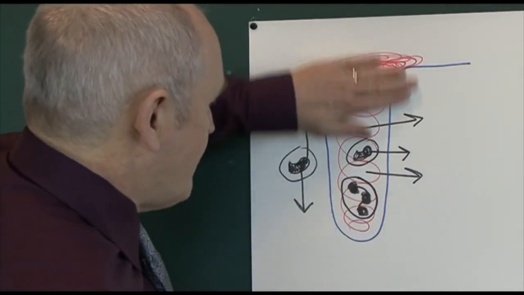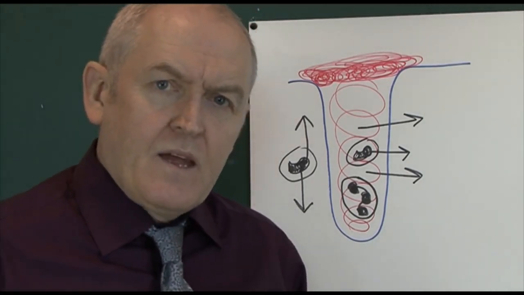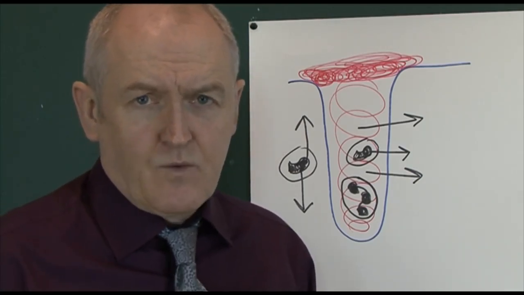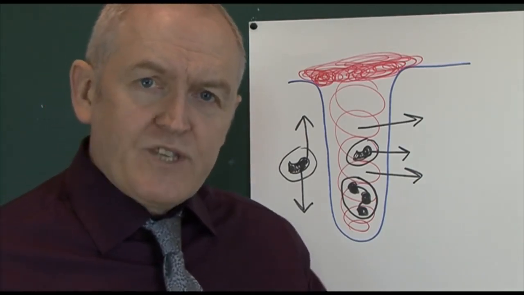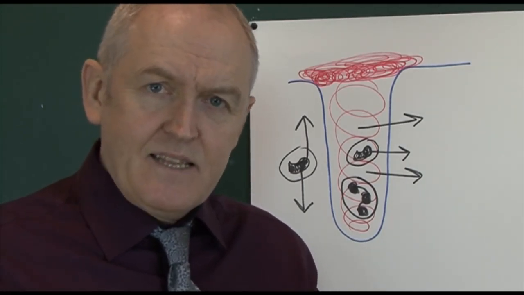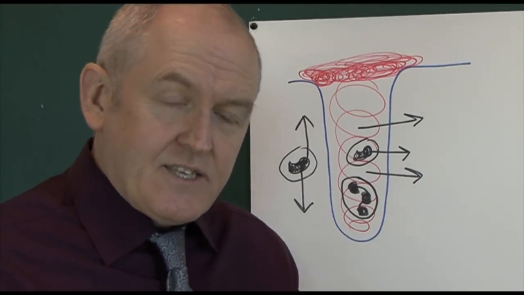Also, because of the trauma, there's going to be dead tissue cells. And we don't want to leave dead necrotic tissue lying around in a wound, because it forms an excellent bacterial habitat. The bacteria can get in there, they can live in there, they can eat the dead tissue cells.